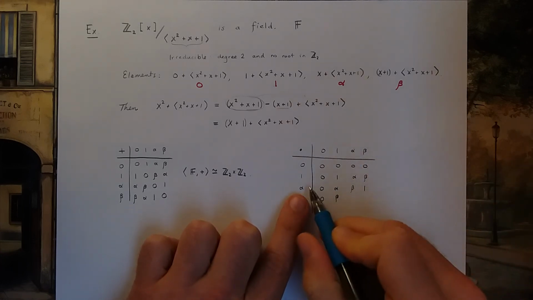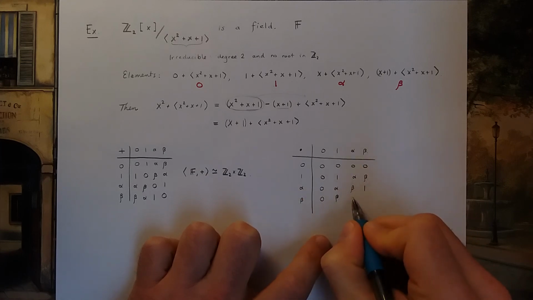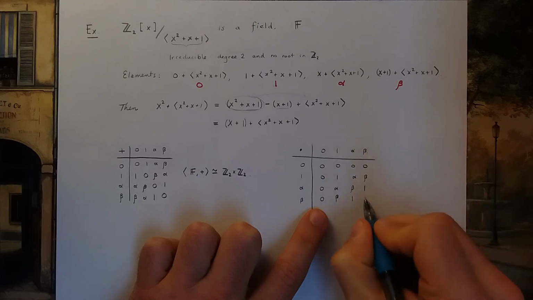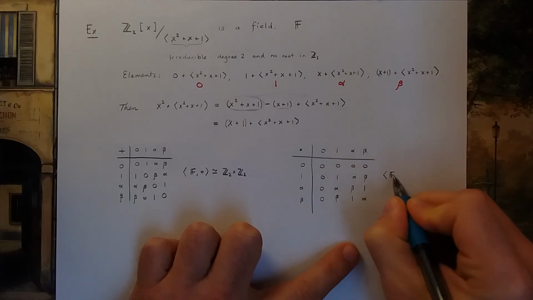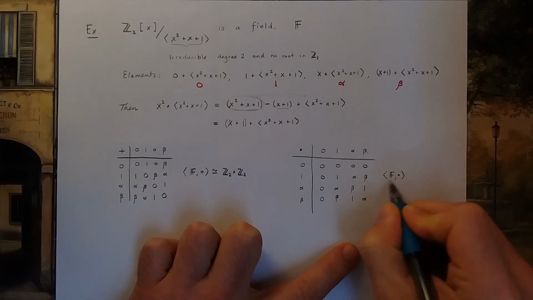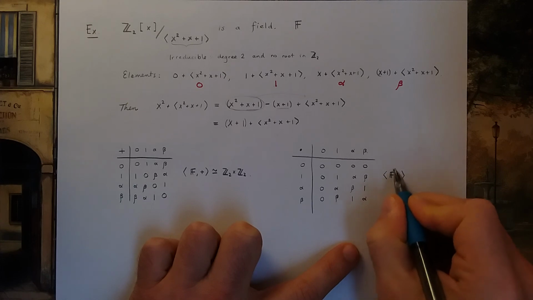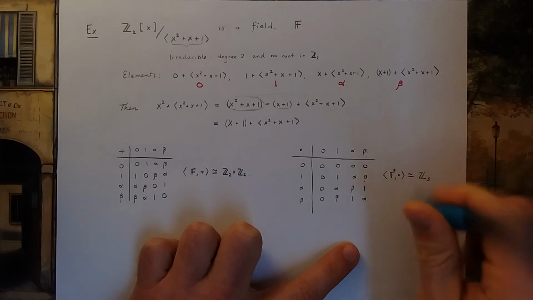So alpha and beta are multiplicative inverses. Beta times alpha is 1, and then beta times beta you could prove is alpha. So the field with multiplication, actually I should throw away the 0. The field without 0 and multiplication forms a group. That group is isomorphic to Z3.